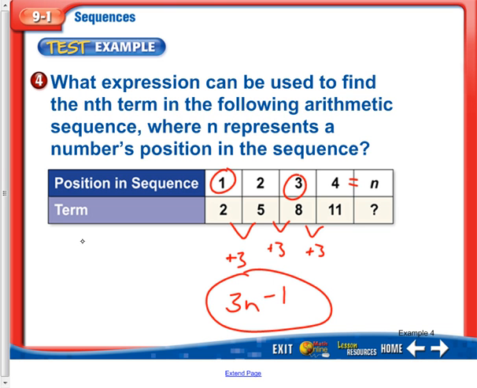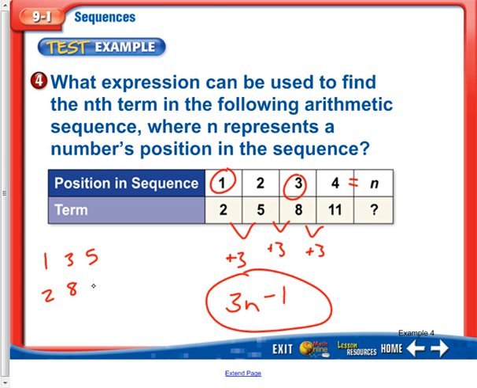Now, I do want to point out to you, what if we skip terms? Like, what if it said term 1 is 2, term 3 is 8, and let's say term 5 then would be, goes 2, 5, and then we'd be at 14.